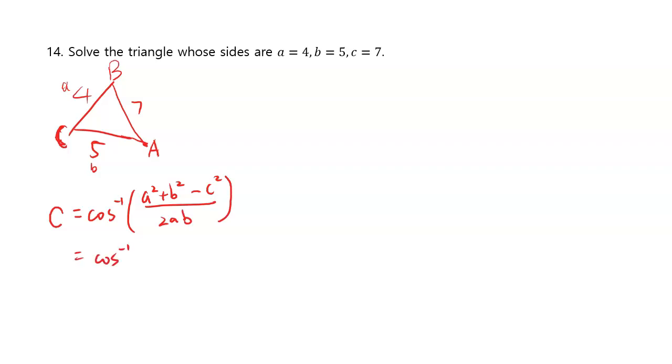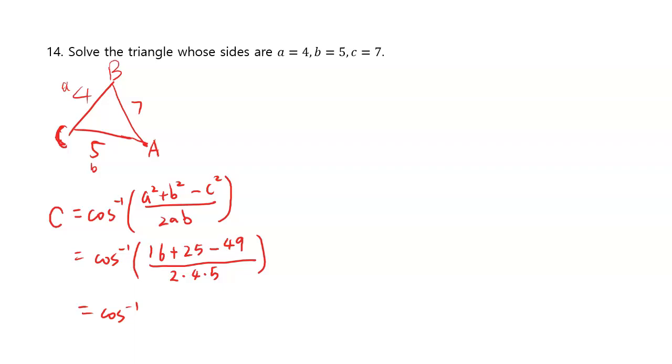So this will be cosine inverse of 4 squared is 16, b is 5, so 5 squared is 25, and then 7 squared is 49, divided by twice of 4 times 5. Okay, I just don't use the calculator.